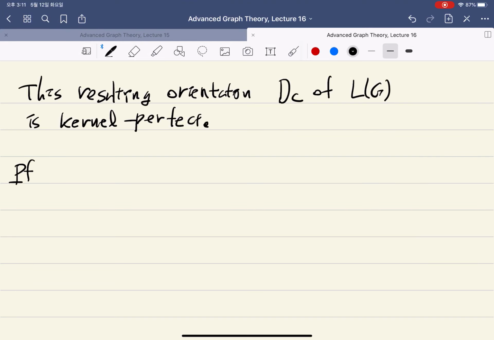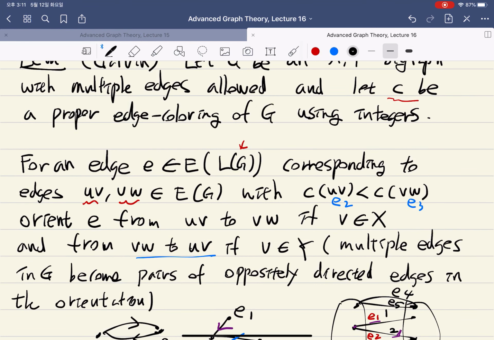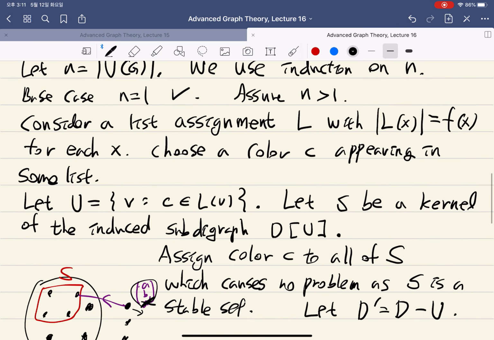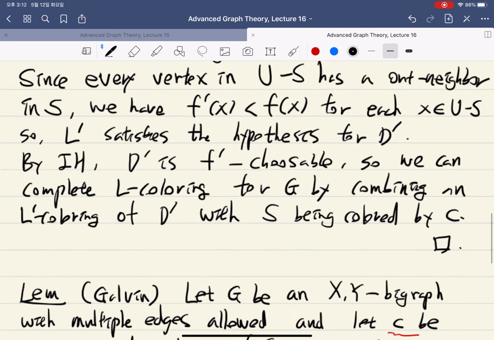Which is what we need, right? We want to show that the bipartite graph has a certain H chromatic number. For that, we want to first find the kernel perfect orientation of the line graph of the bipartite graph, and then we want to apply this lemma to that kernel perfect orientation to show that we can finish the coloring of the line graph, which transforms into the H coloring of the original graph.